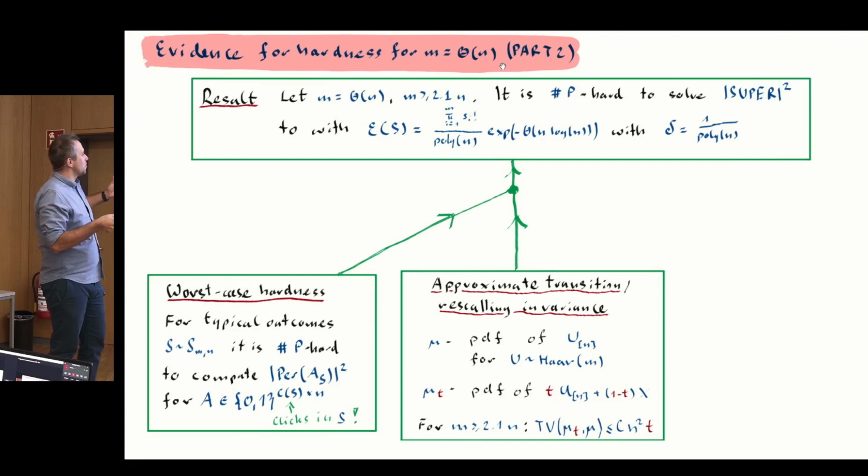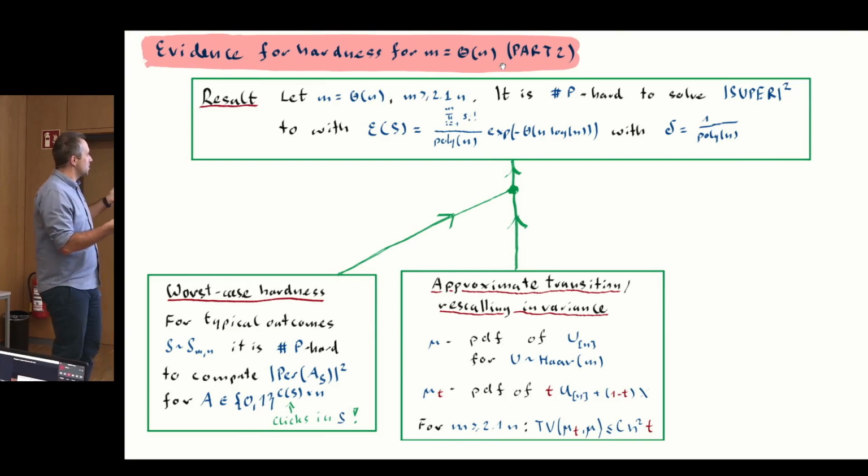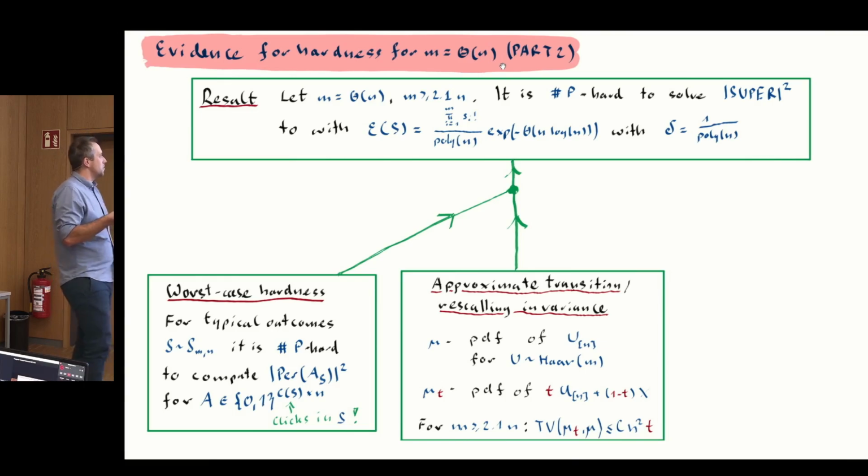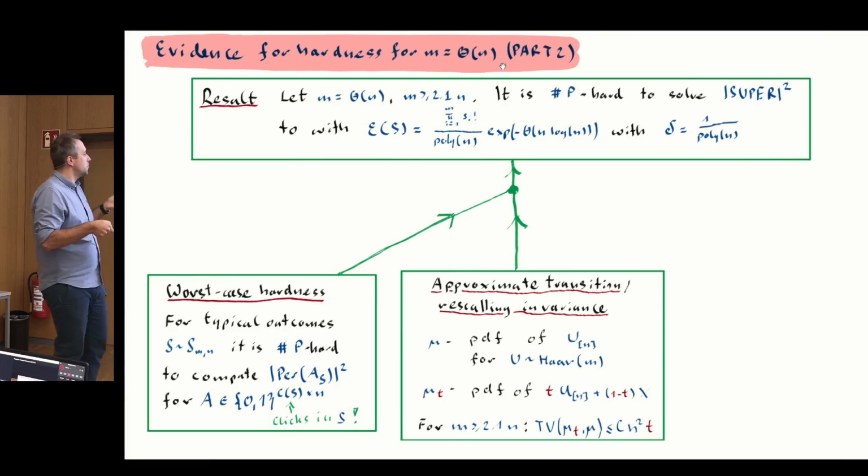From being able to solve this super problem with those parameters, we need to extrapolate to being able to solve those sharply hard worst-case instances. To do it, we do polynomial interpolation. So we interpolate between a suitable Haar random matrix, or Haar random submatrix, and this worst-case matrix that we care about.